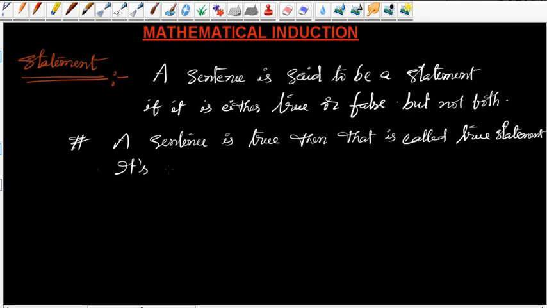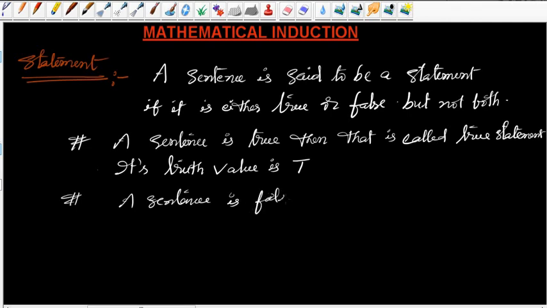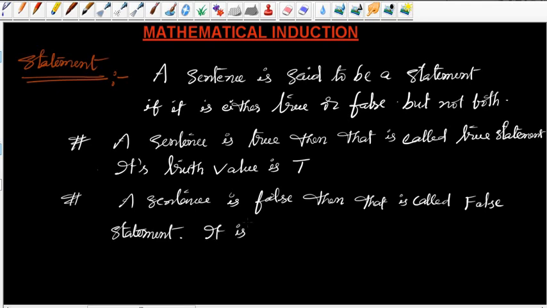Its truth value is T. If a sentence is false, then that is called a false statement. Its truth value is F.